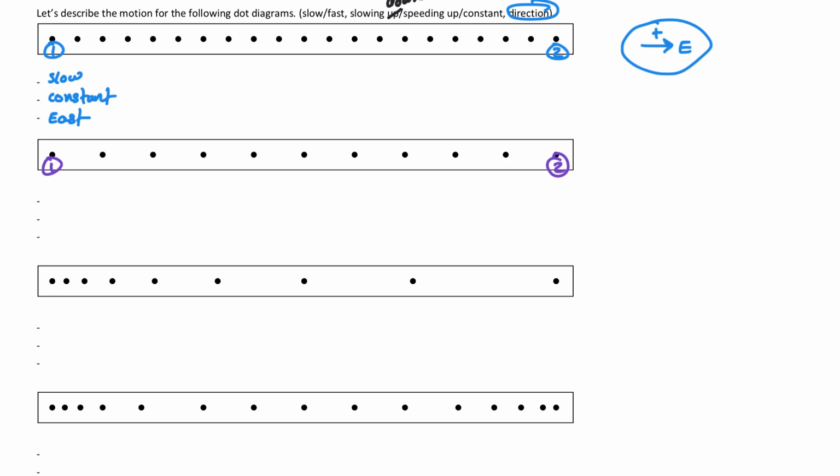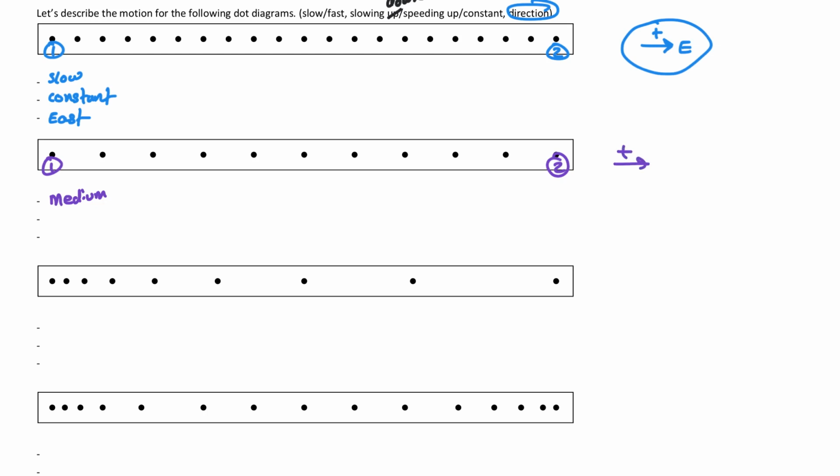Let's take 5 seconds, for example. This one has traveled from here, 1 second, 2 seconds, 3, 4, 5 seconds. It's this much, and this one, 1, 2, 3, 4, 5 seconds, is a much larger distance. So I'm going to say this is moving at a medium pace, or we can just say fast in this case.